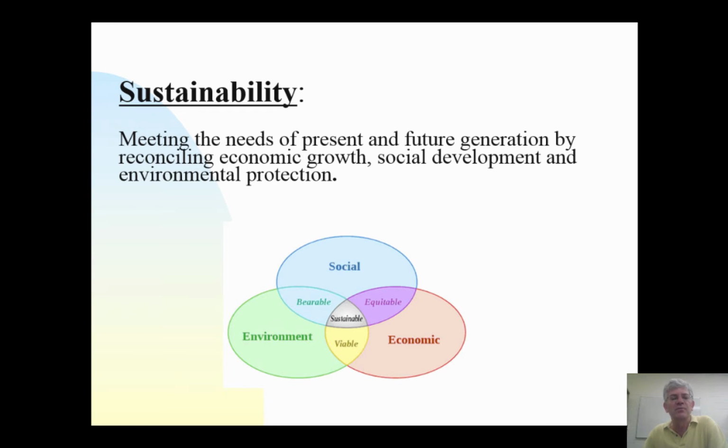So certainly the environment is part of sustainability, but we also need economic prosperity, that people need to have jobs that provide a living wage. And in addition to the environment and the economy, we also need social conditions, that people need to be well treated through our society. So the challenge is how to combine these three issues in a way that supports society in the present and will also support it into the future.